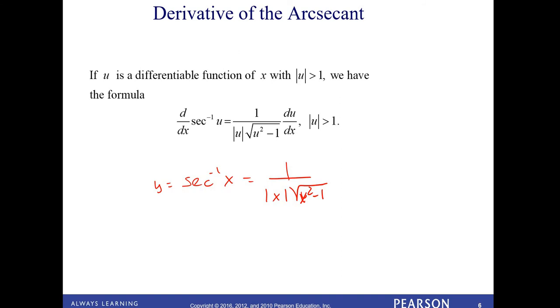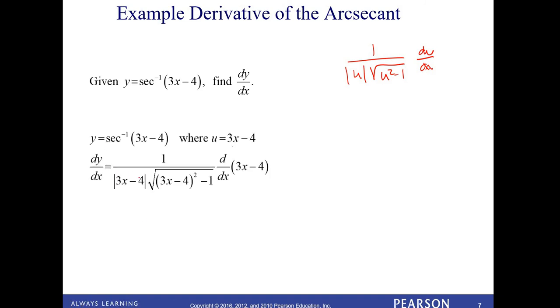Okay, so let's do another one with a chain rule in it. Let's do a secant. So again, I'm going to first use my basic form, which is 1 over the absolute value of u times the square root of u squared minus 1, and then do my du dx for my chain rule. So there's the breakdown of our two functions.